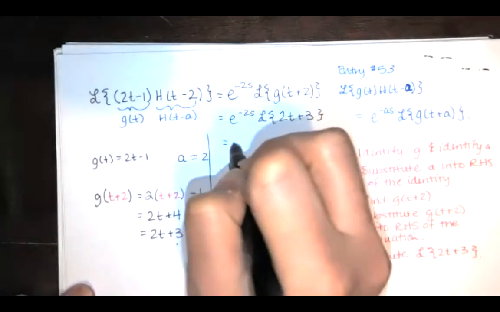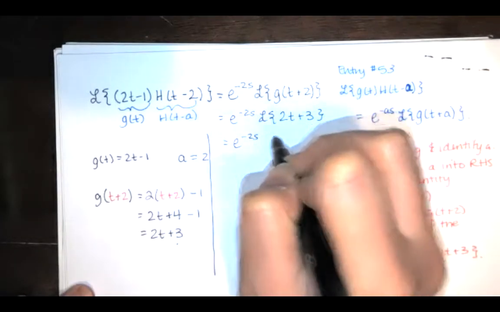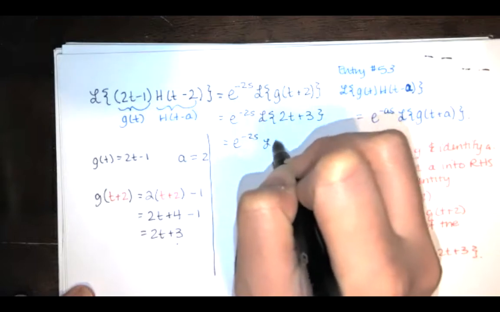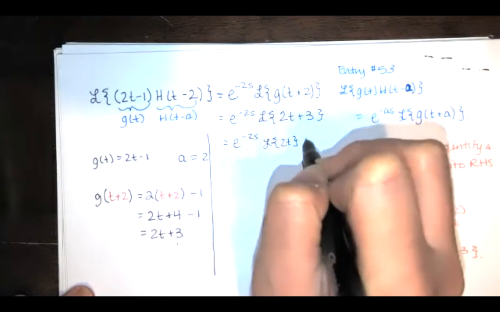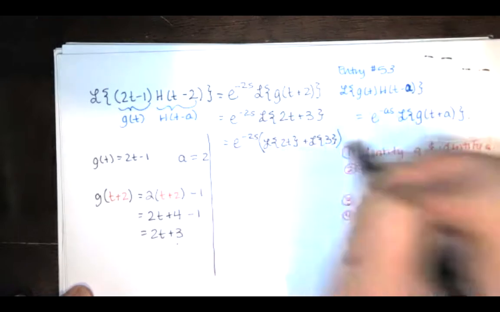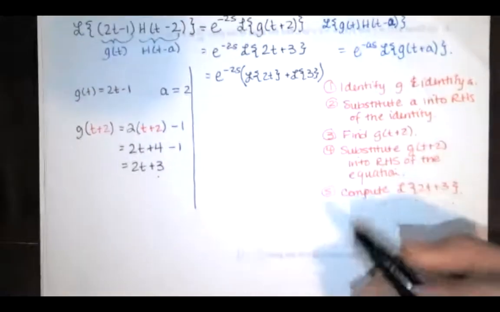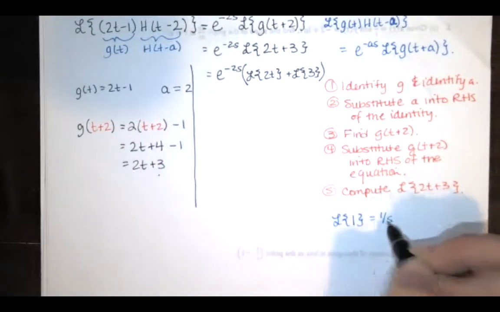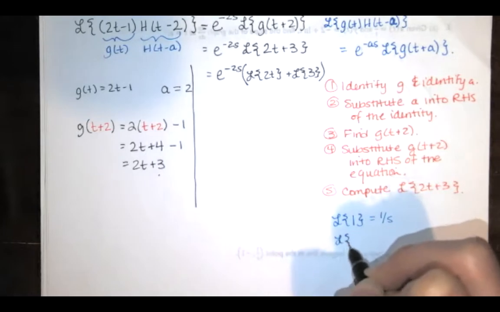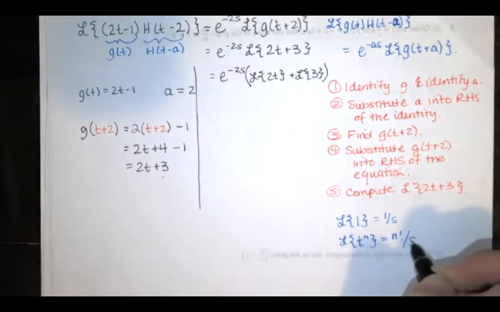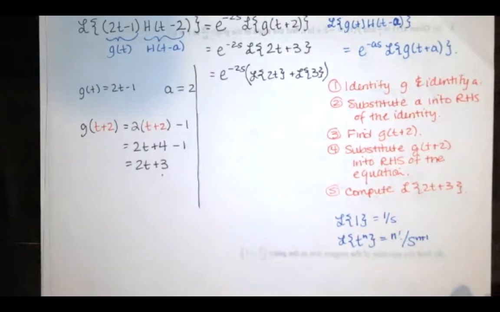So we'll have e to the negative 2s times the Laplace transform of 2t plus the Laplace transform of 3, because the Laplace transform is a linear operator. Now, we have some entries in our table that say that the Laplace transform of 1 is 1 over s, and the Laplace transform of t to the n is n factorial over s to the n plus 1.